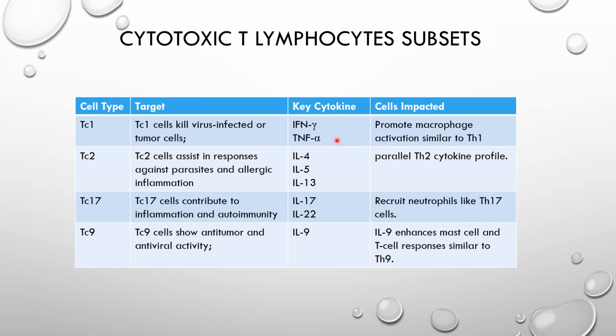And tumor necrosis factor alpha is responsible for opening up the area so that the monocytes can differentiate into macrophages and reach the site of interest in order to carry out their phagocytic, cytotoxic function. So the key cytokines are interferon gamma and tumor necrosis factor alpha.